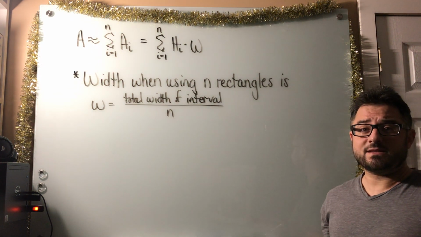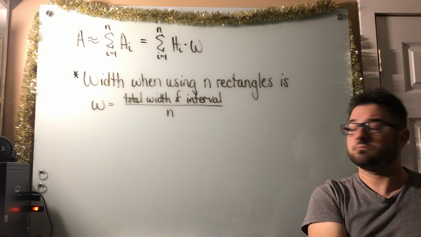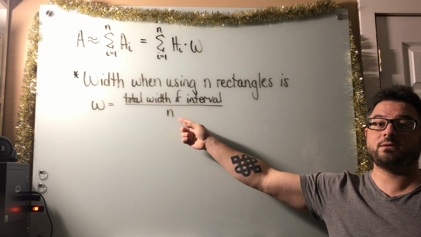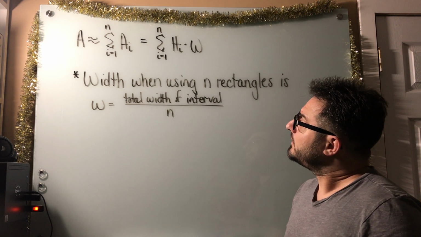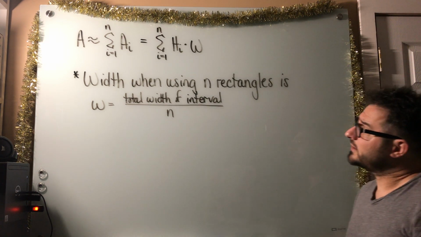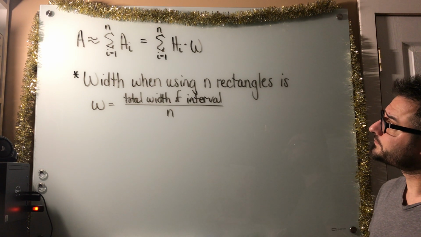That should, I hope, make sense. I mean, we want to take the total width and split it evenly into however many rectangles we're using. Now, that actually has a better formula, which we will get to shortly.